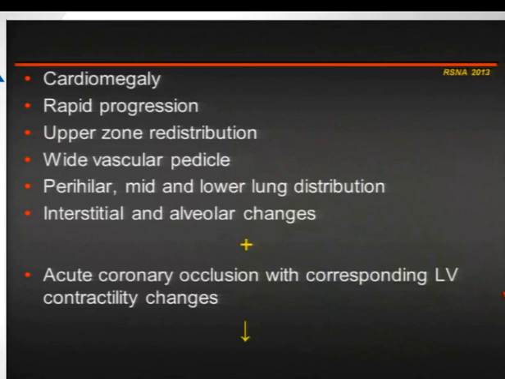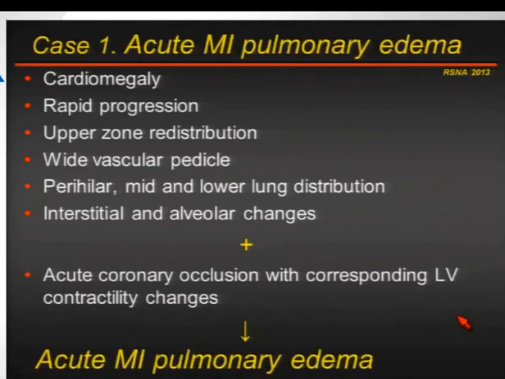We have cardiomegaly, rapid progression of the findings with upper zone redistribution, wide vascular pedicle, perihilar, mid and lower lung distribution of pulmonary edema, and interstitial and alveolar changes in conjunction with acute coronary occlusion with corresponding left ventricular contractility changes. So we're talking about acute myocardial infarction-induced pulmonary edema.